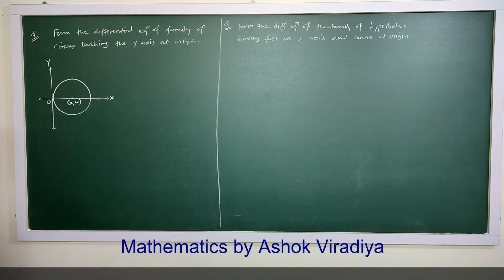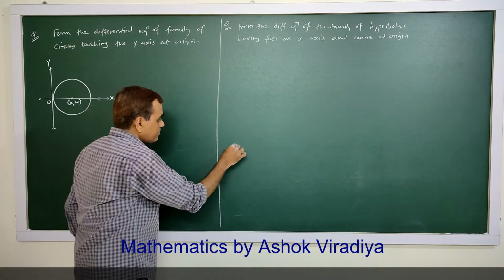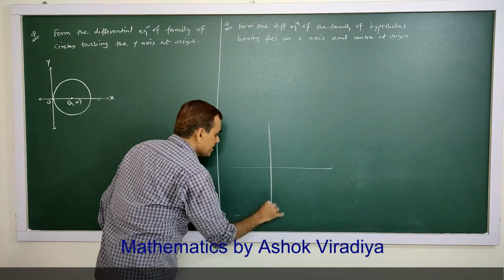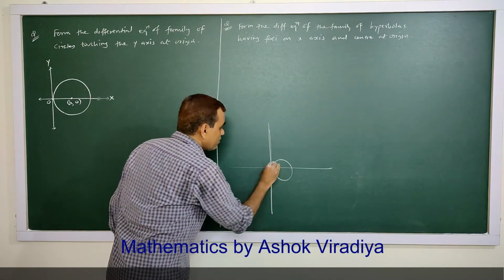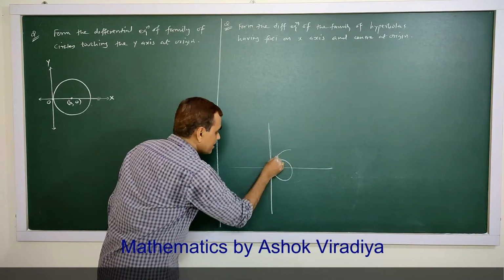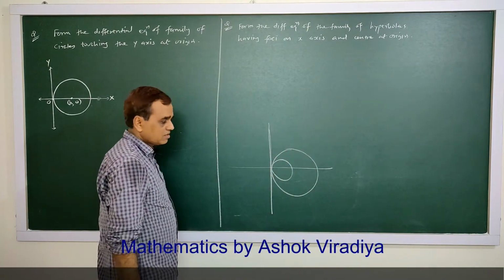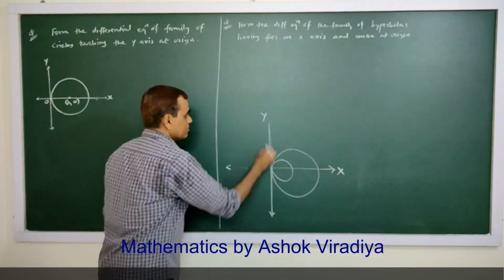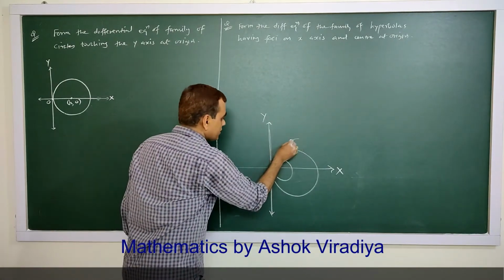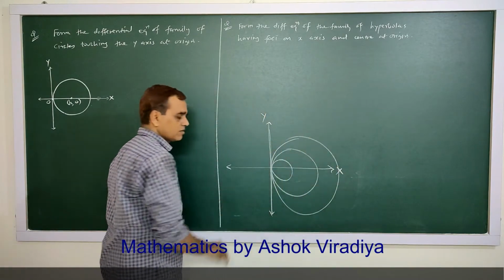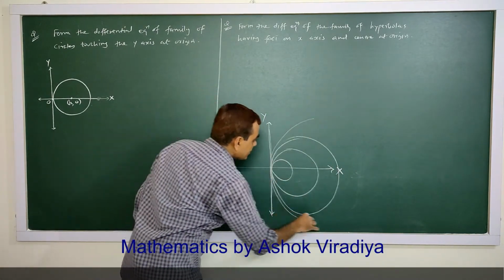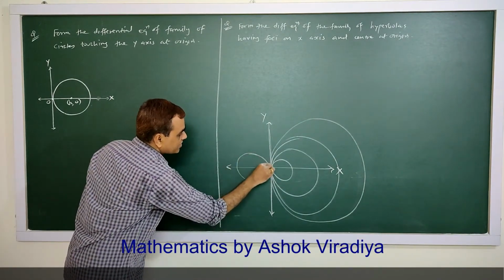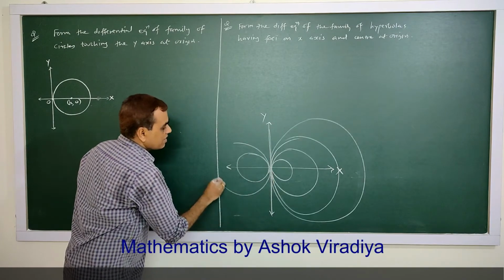So meaning of this question is that when we draw circles touching y-axis at origin, say this circle is touching y-axis at origin, this circle is touching y-axis at origin, this is y-axis, this circle is touching y-axis at origin. We can draw infinitely many circles. This side also, this circle is touching y-axis at origin.